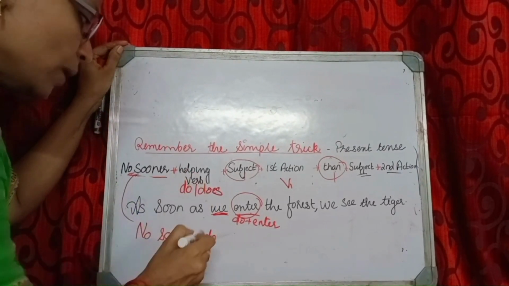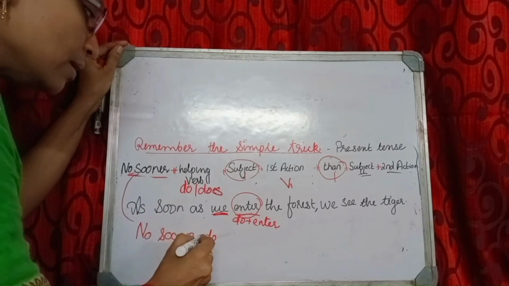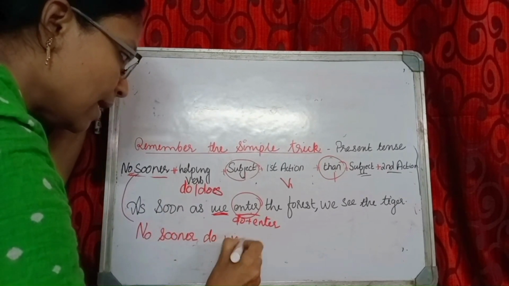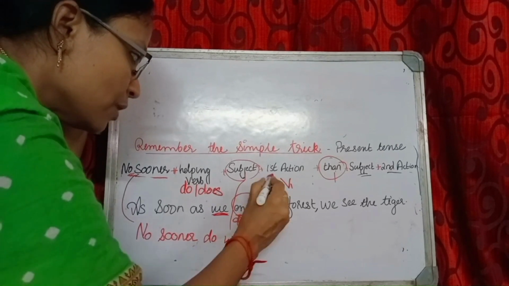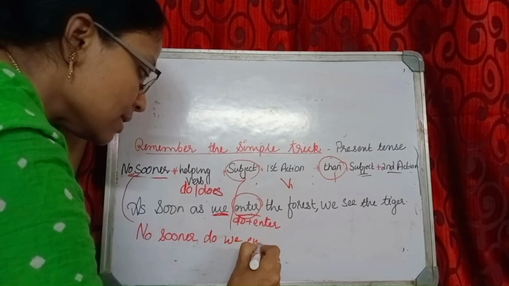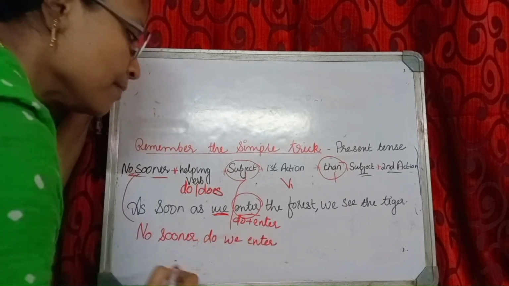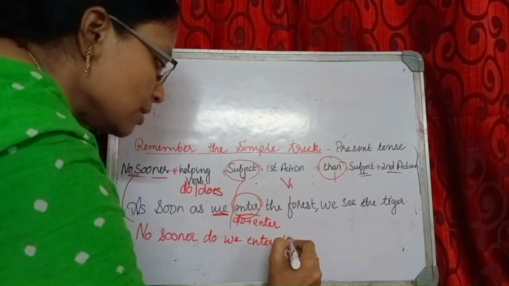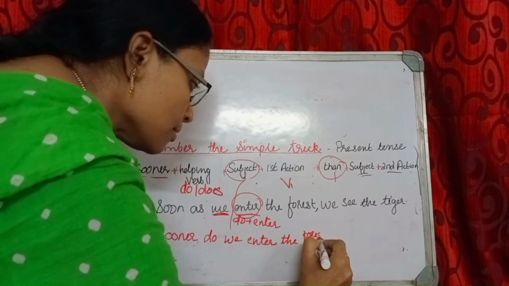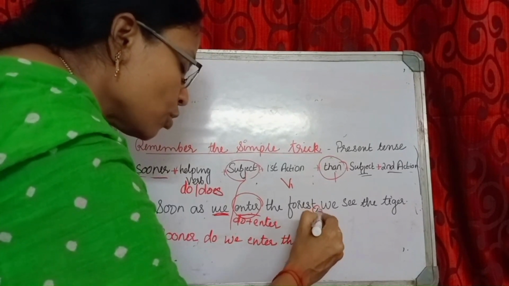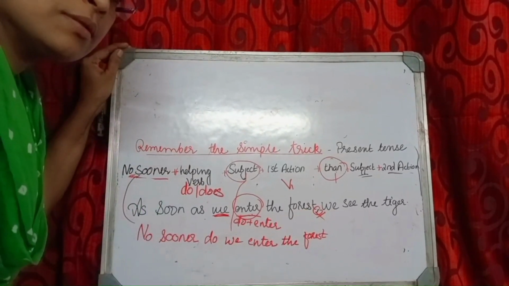So I have written the helping verb "do". "No sooner do we", I have written the subject here, "we". Now the first form of the verb, that is "enter". The action is "the forest". Instead of this comma, what are we supposed to use?